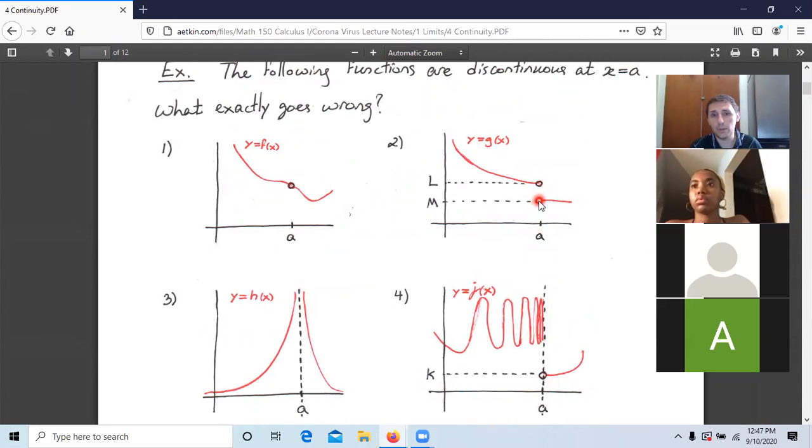At A, it's defined to be M. But at A we have a discontinuity. The curve is torn apart. Why is it torn apart here? It's because the left limit and the right limit are not the same. This, by the way, is a right continuous function, because look at it. Any point on the right that I select, it's continuous everywhere except for A. And if I look at A, if I take the right-hand limit, I get the same value as G of A.